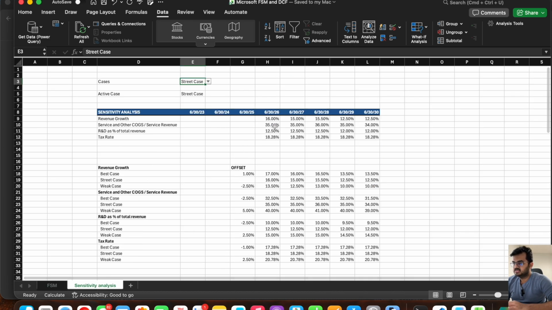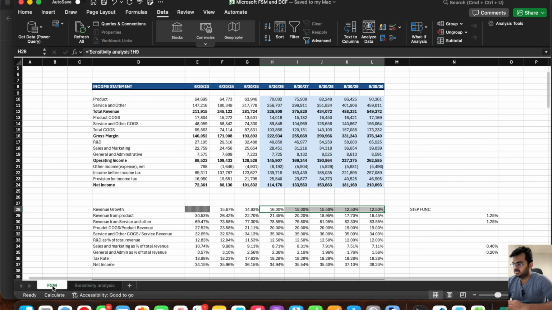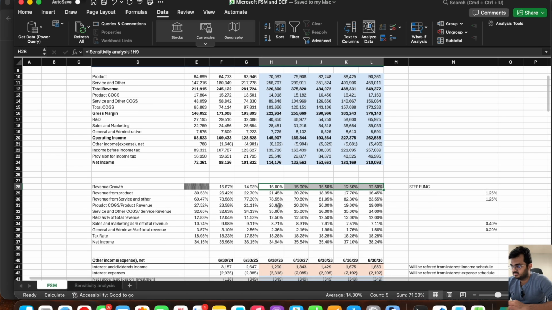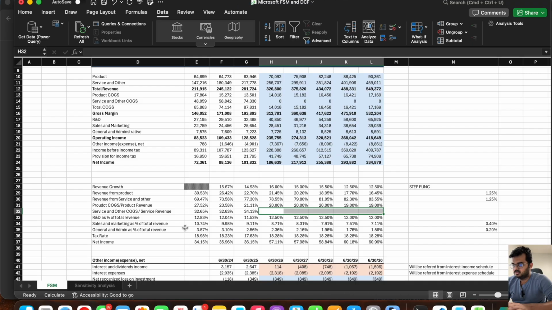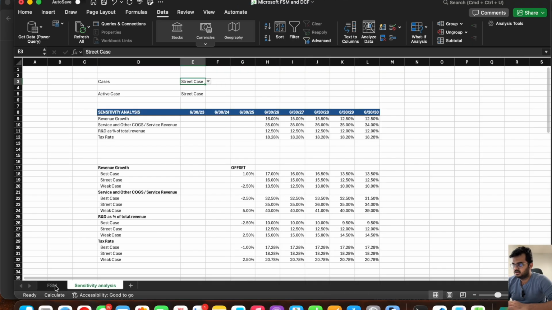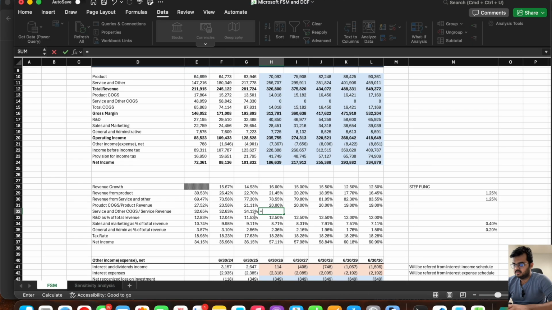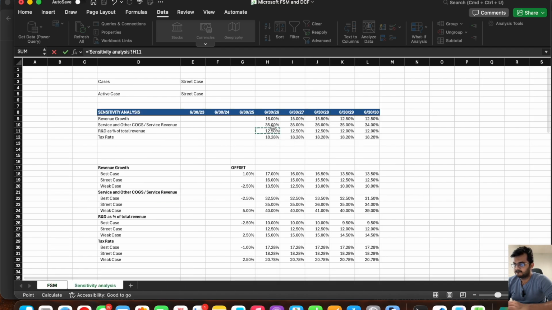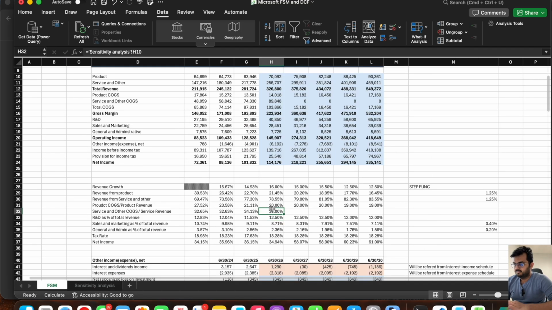So I'll quickly link the same way for others as well. I will go to services under this. This one I will remove and then link it. Done. Then R&D, I will delete these numbers and link that from here.